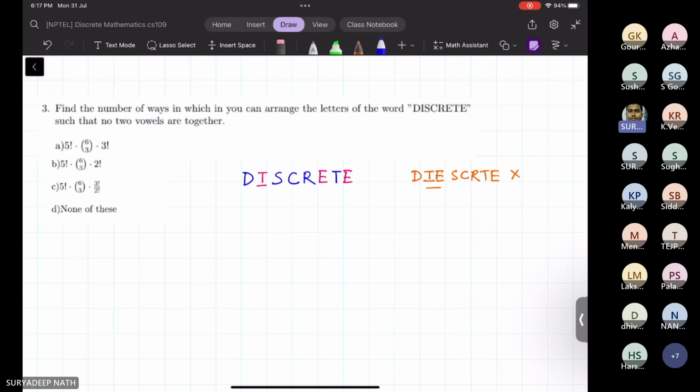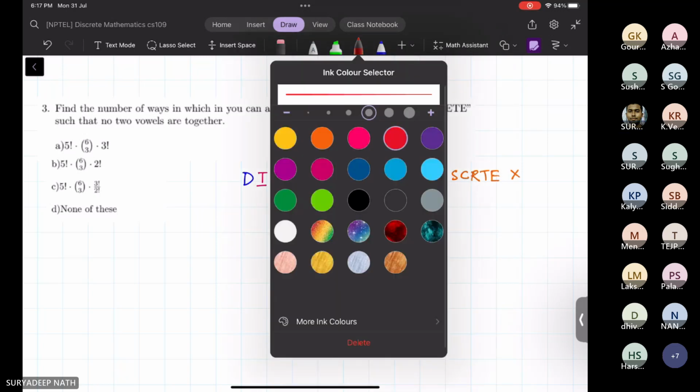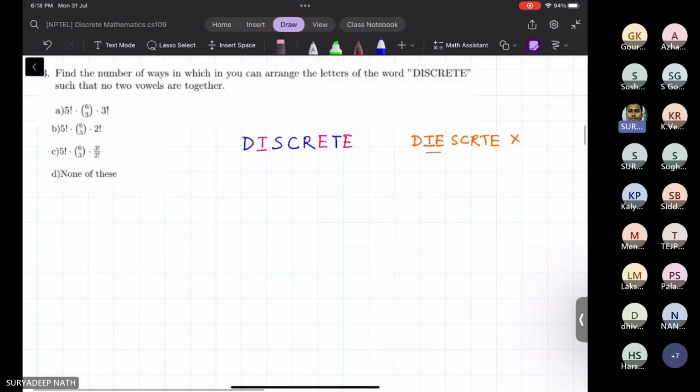So how will we do that? We'll first write down the consonants by giving some space. We create one space before D and after each of the consonants, before and after.